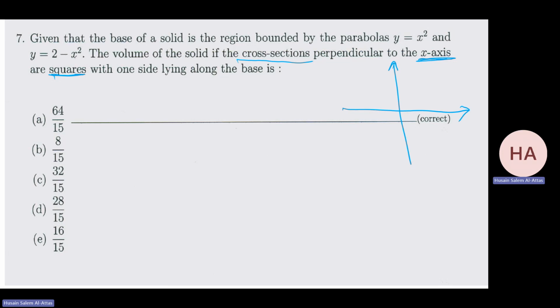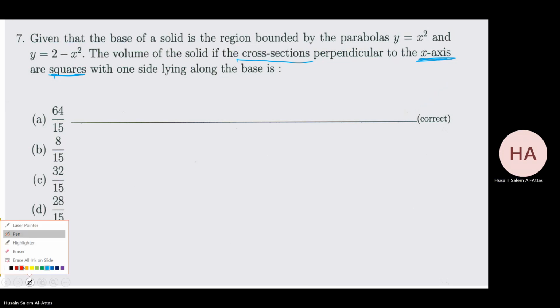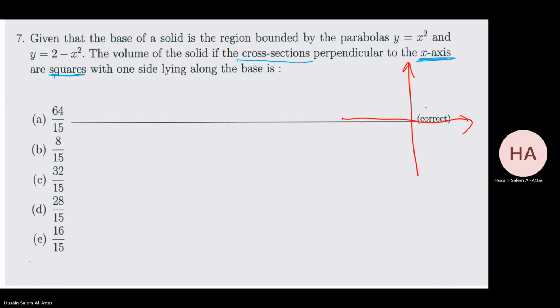This is y equals x squared, and y equals 2 minus x squared, which is this one, the red one. This is y equals x squared, this is 2 minus x squared, and this is 2.